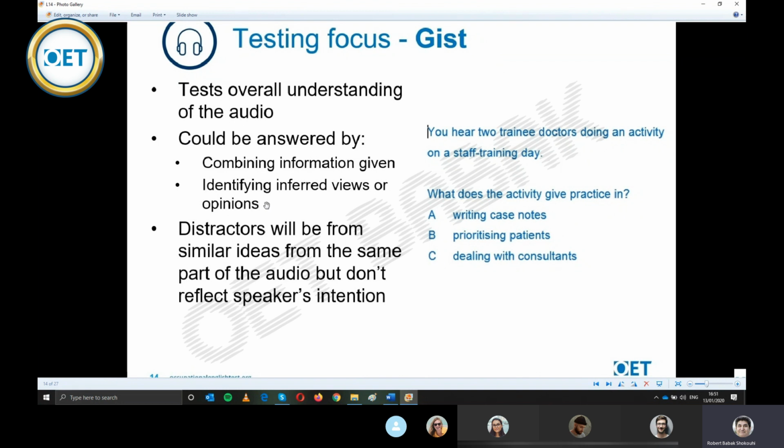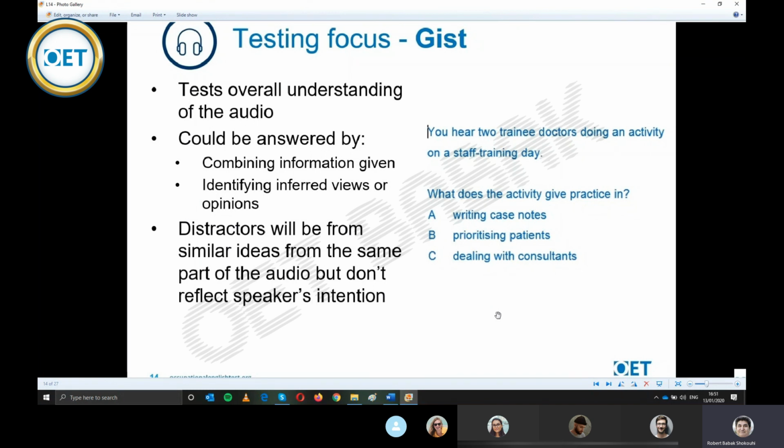There are obviously distractors when we have three answers. Distractors usually are similar ideas from the same part of the audio, but don't reflect the speaker's intention. They might mention writing case notes, prioritizing patients, and dealing with consultants. All of these might be mentioned in the tape, but only one of them is correct.